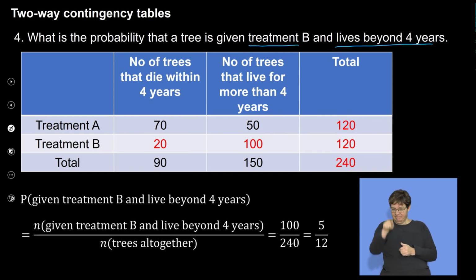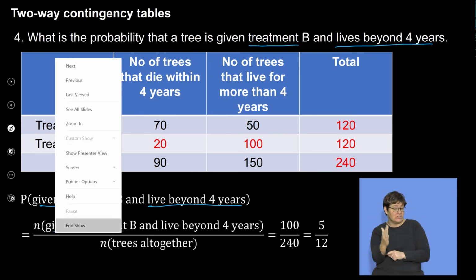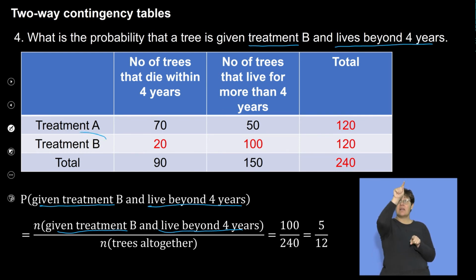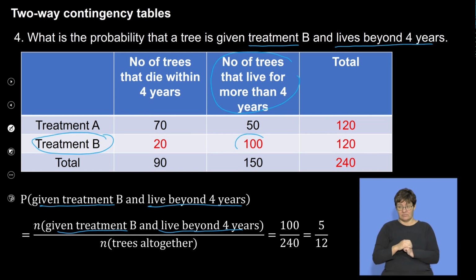So this will be the number given treatment B and living beyond 4 years, which is 100. That's the number there. Can you see that? That's the intersection between treatment B and living beyond 4 years. We divide by the total, which is 240, and we get 5 out of 12.